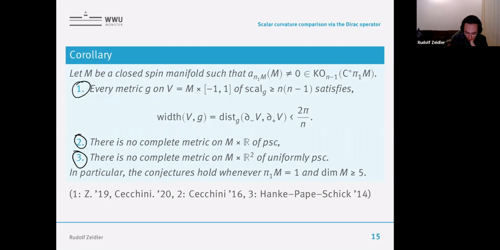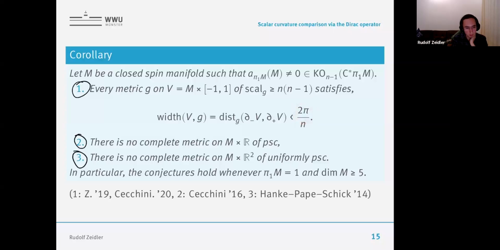Maybe some history on these results. Except for the first thing, they are not new. The first thing is something that I proved a bit more than a year ago with a different kind of constant here. In the first approach that I had, my constant was not optimal. I had something else rather than 2 pi.